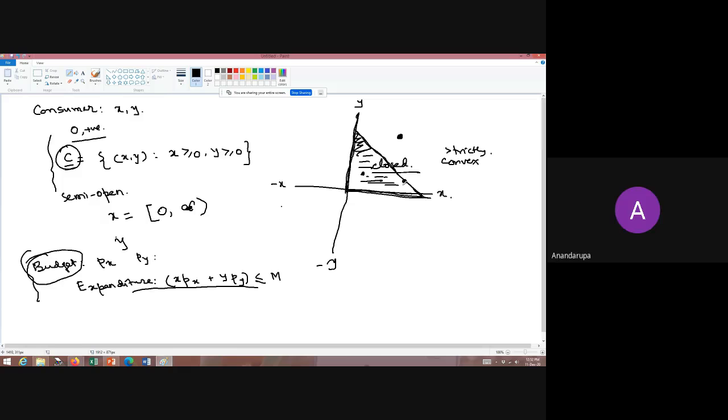Only the points within the triangle, on the line, can be bought. If I had considered just C, it could have been any point, right?